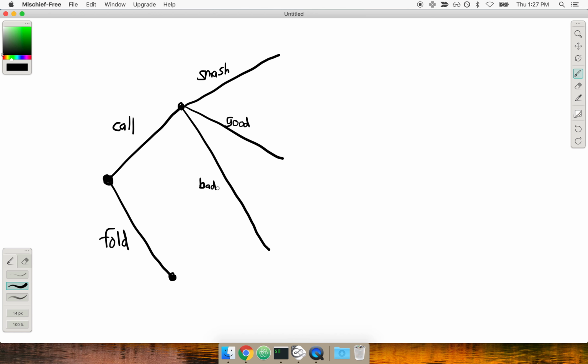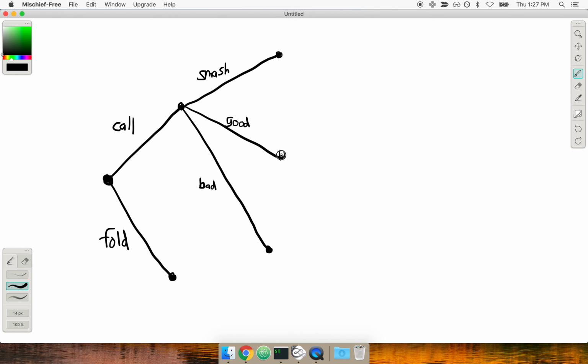So if it's like ace, jack, 9 with like 2 hearts or something, that's a flop that we're going to get called pretty frequently. So I'm going to say that that's a bad flop for us and we're just going to give up. So once we smash the flop, let's end the branching process there. And same with if it's a bad flop, let's assume that we just check fold and lose the hand. Let's just assume we don't have any showdown value.